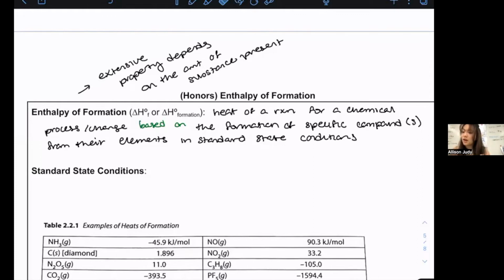Enthalpy based on the energy it took to form a compound from its elements, its simple elements, kind of like the synthesis reaction. It's basically the enthalpy of synthesis of these compounds in standard state conditions.